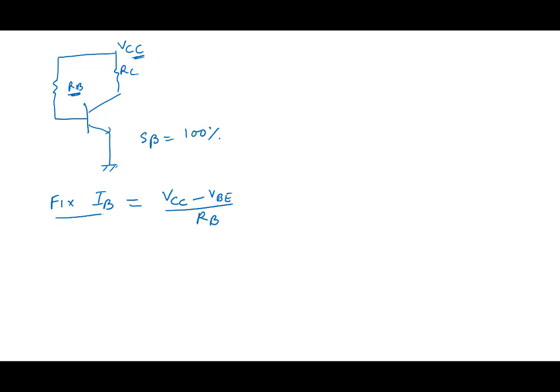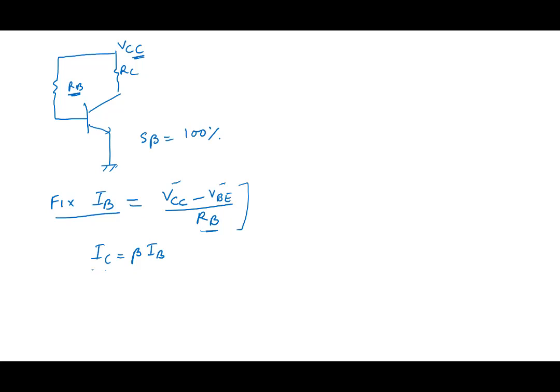So its strategy is to fix IB, and then it says IC is equal to beta IB. That's how it fixes IC. So note that IB is pretty stable, right? IB will not vary with beta, because RB is fixed, VCC is fixed, and VBE doesn't change much. So IB doesn't change with beta.